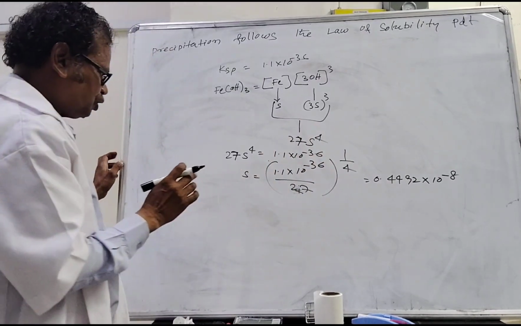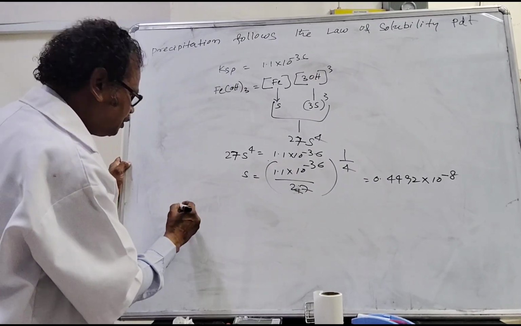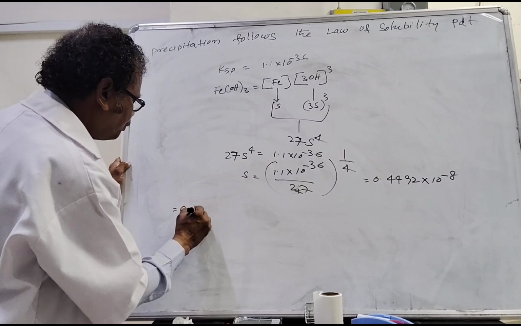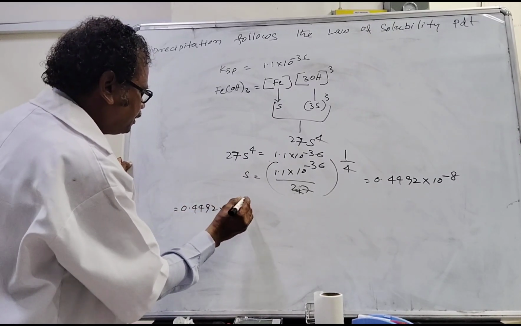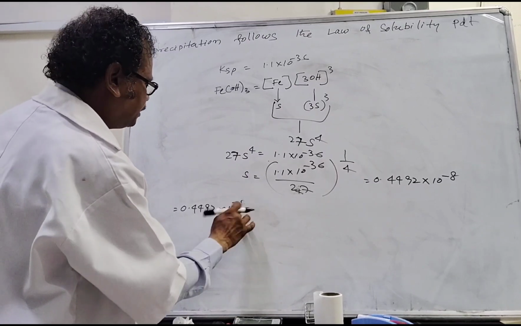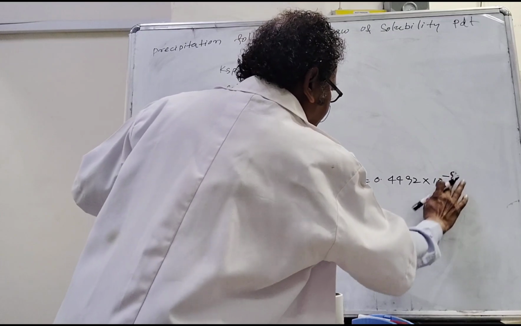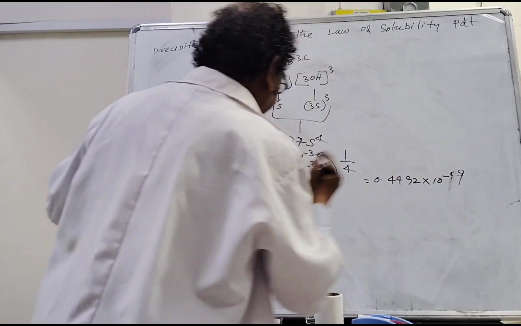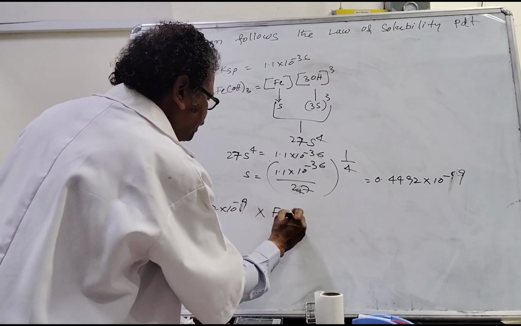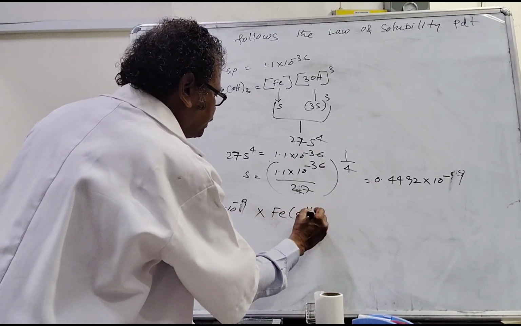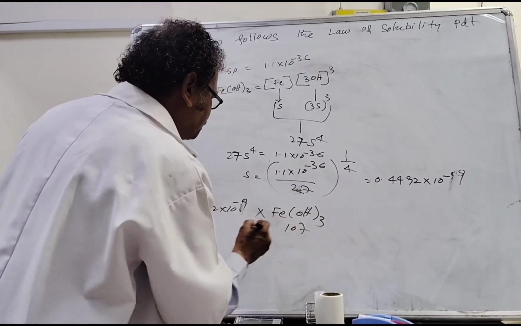Then the solubility of the ferric hydroxide is equal to 0.4492 into 10 to the power minus 9 into the molecular weight of Fe(OH)3, which is 107.